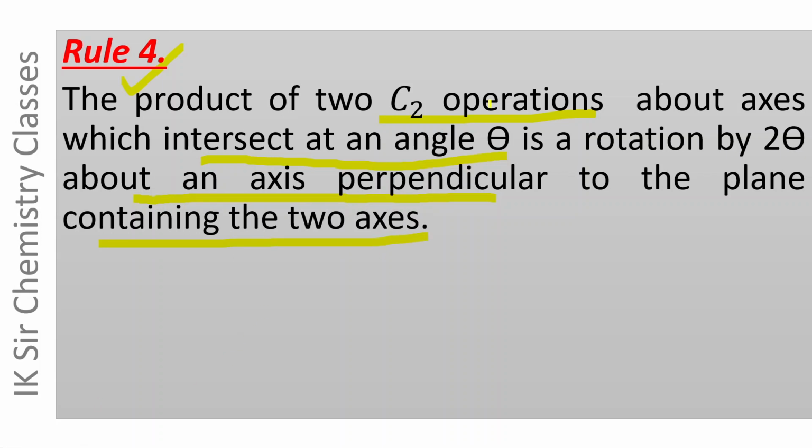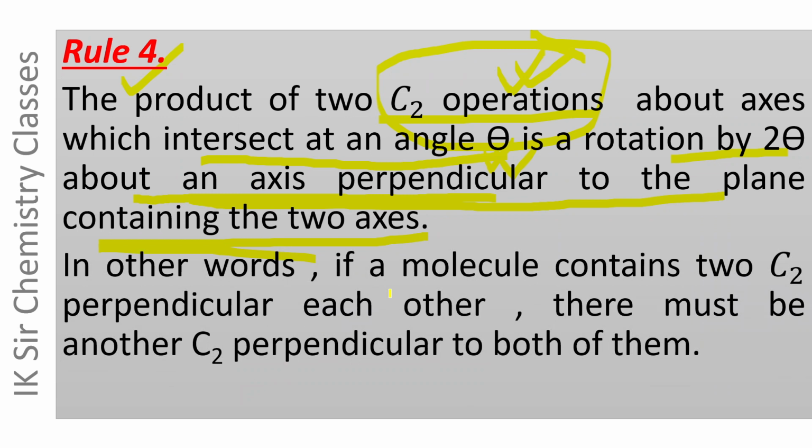The product of two C2 operations about axes which intersect each other at an angle theta is equal to rotation by 2 theta about an axis perpendicular to the plane containing these two axes.